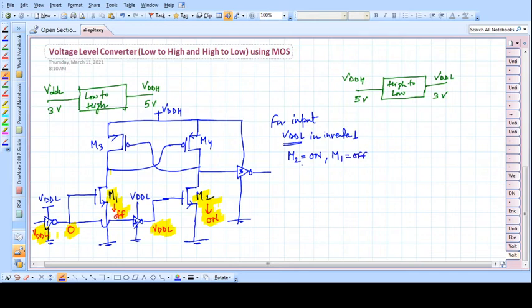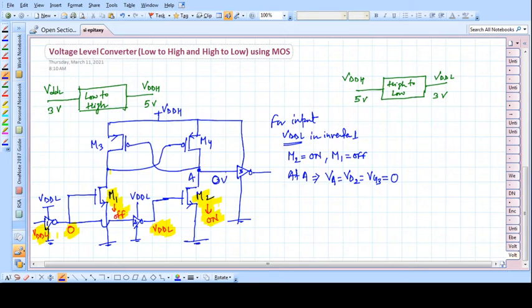When M2 becomes on, the voltage at point A, say VA, or we can write V of D2, or V of G3, the gate of transistor 3, is simply 0 volt, because this will be on, so this ground 0 potential will come here, ideally.